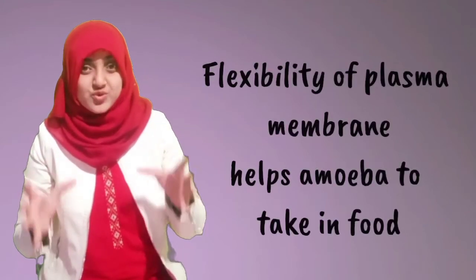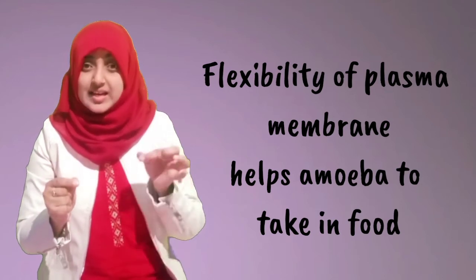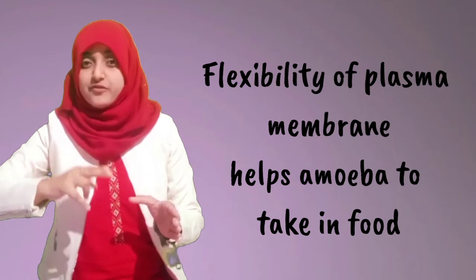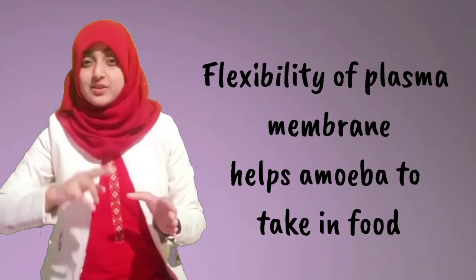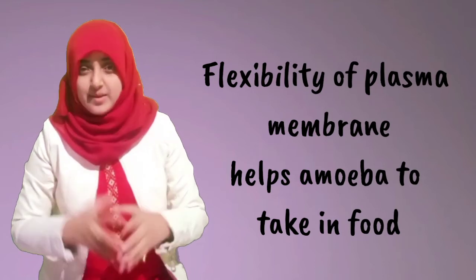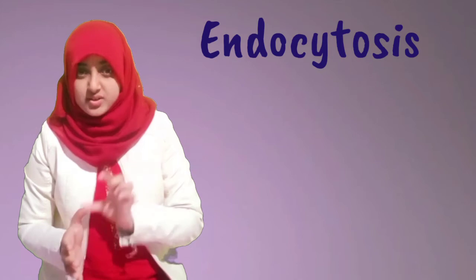Now that we know how flexible this plasma membrane is, this flexibility of plasma membrane helps certain organisms like amoeba to engulf or to take in the food or other materials from the external environment. And such a process is called endocytosis.